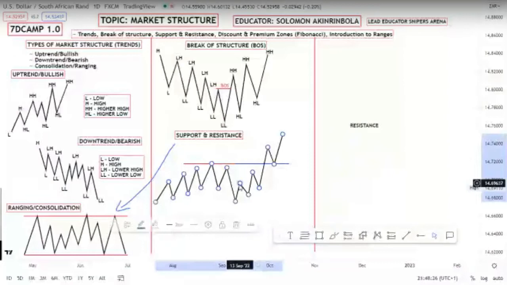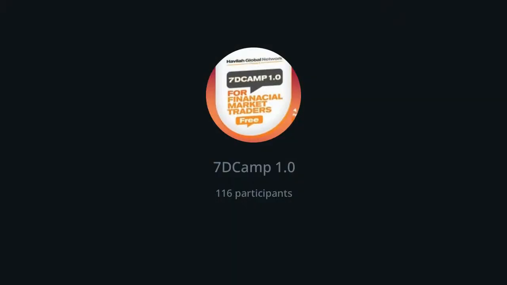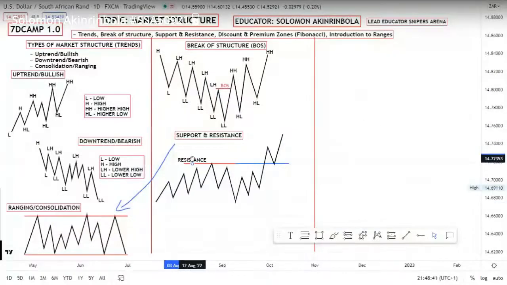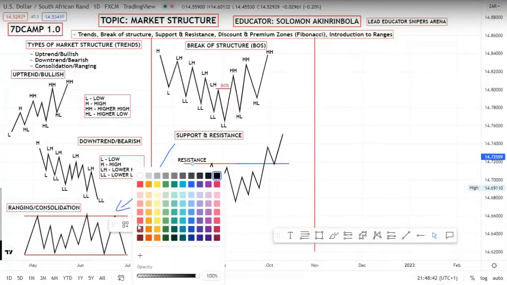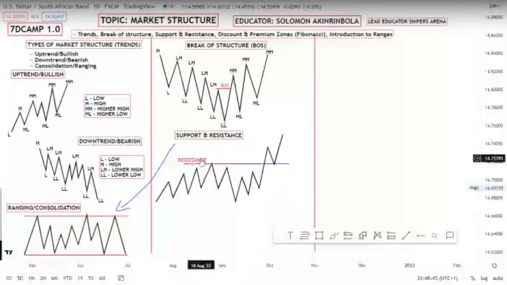All right, good. So this is it, guys. So this is actually a resistance, and this is actually a support.